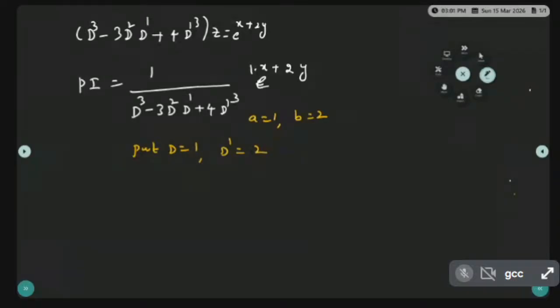Now what is the result? Tell me, everyone. Sorry, 1 by 1 cube, 3 into 1 square into 2, plus 4 into 2 cube.